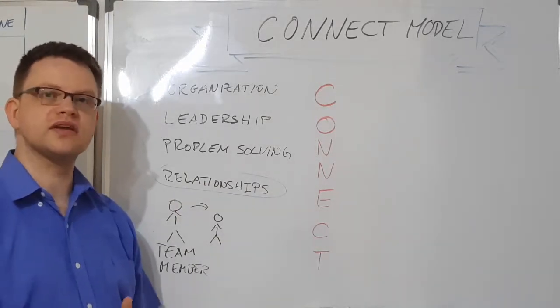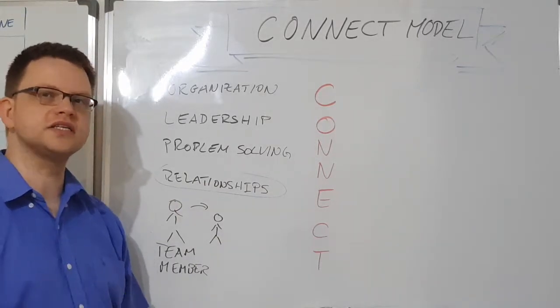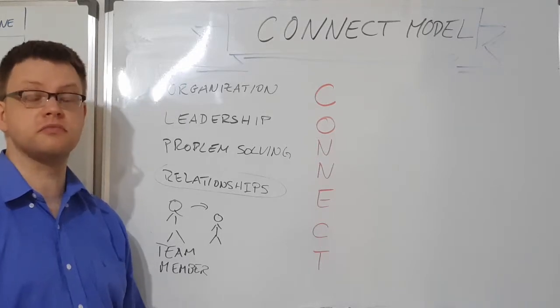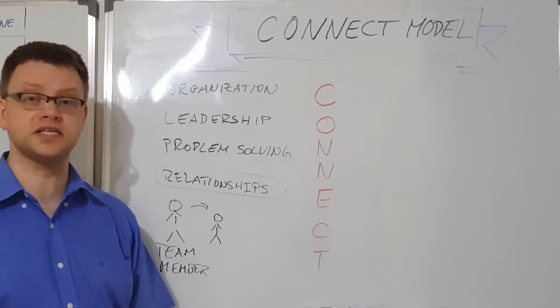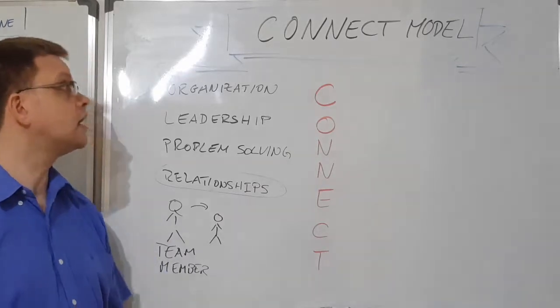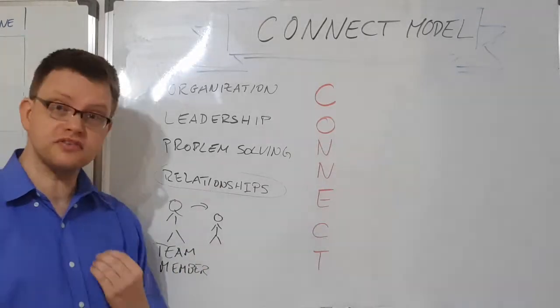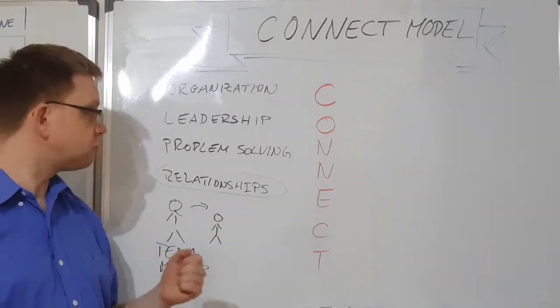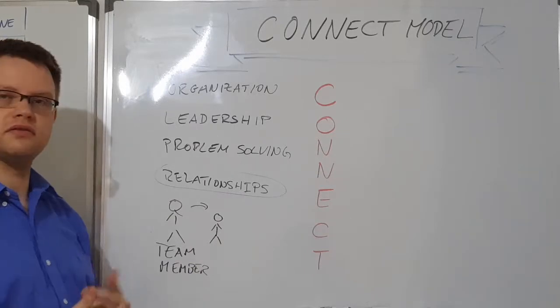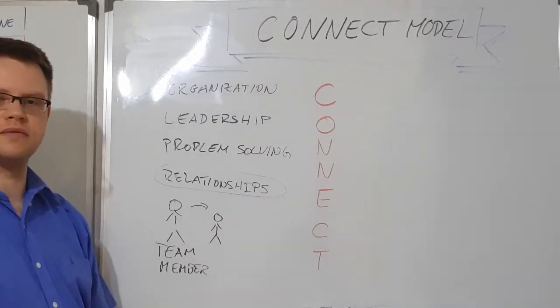There have been psychological studies that the relationships are very important to the performance of a team, yet most team models neglect relationships and relationship building. This is one of the things that I personally like about this Connect model, is that it's the first model that really focuses on the relationships within the team.